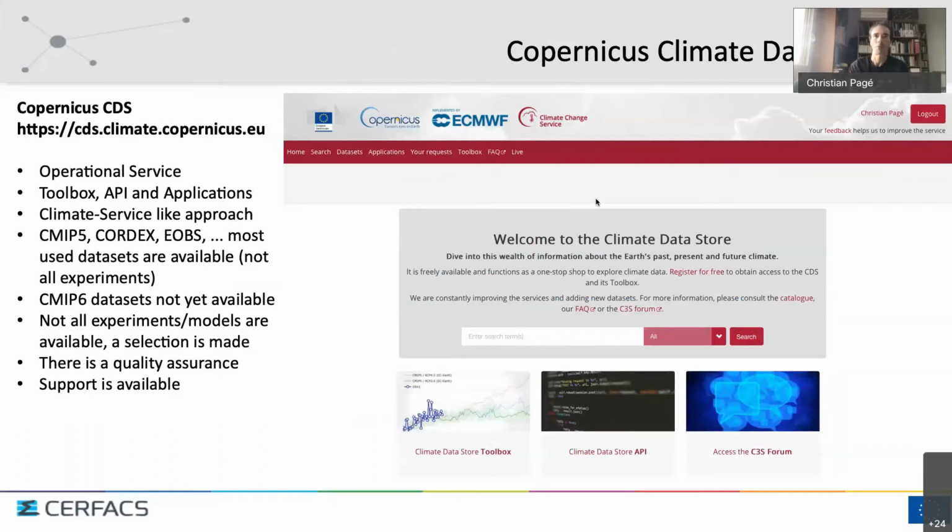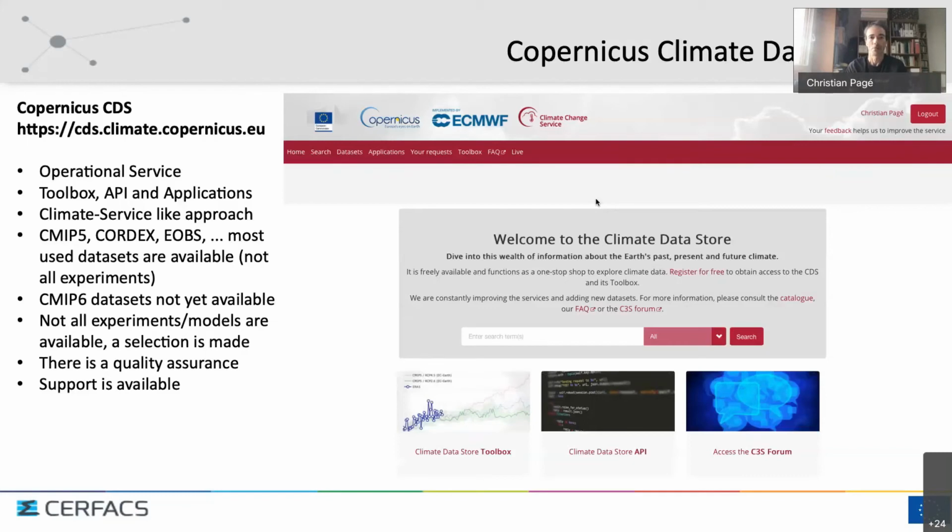The Climate for Impact portal is more oriented toward climate researchers, climate impact modelers, PhD students, postdocs, and this one is more toward climate services, so a more operational-like service to support small companies doing climate impact studies, for example. It has a toolbox, an API to build applications, and some applications already available too.